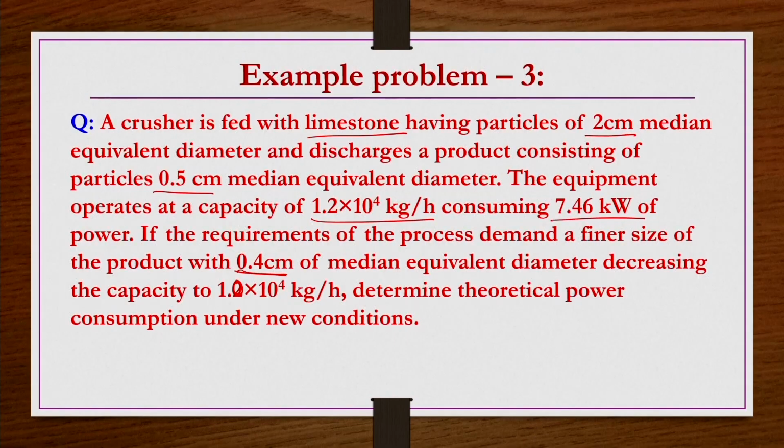Now, in the second case, the product size is reduced as well as the capacity. By changing these operating conditions, the product requirement as well as the mass flow rate, is the power requirement going to change or stay the same? That is what we are going to calculate.